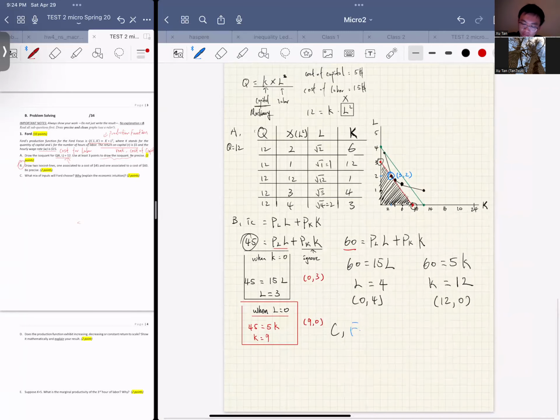So Ford will choose 4 units, 3 units of capital and 2 units of labor.